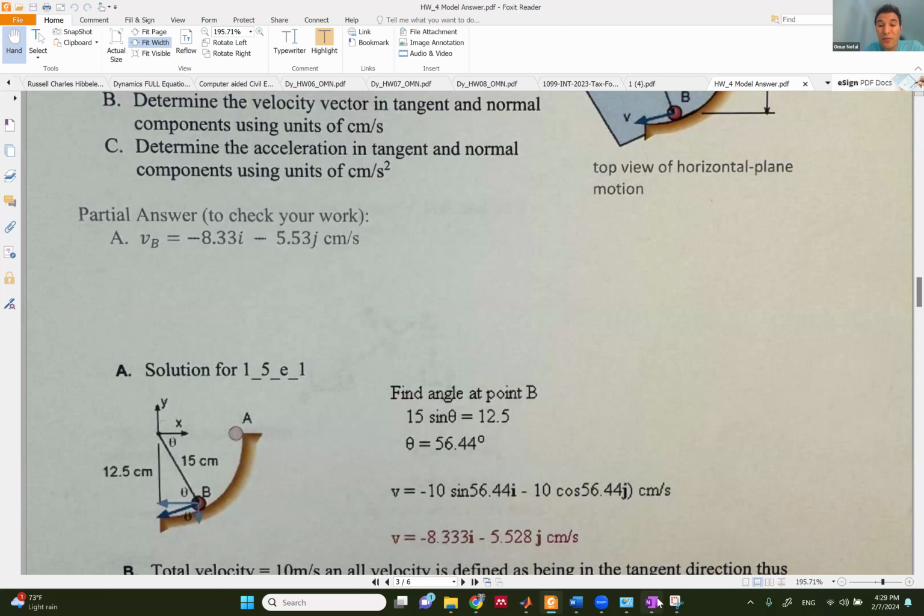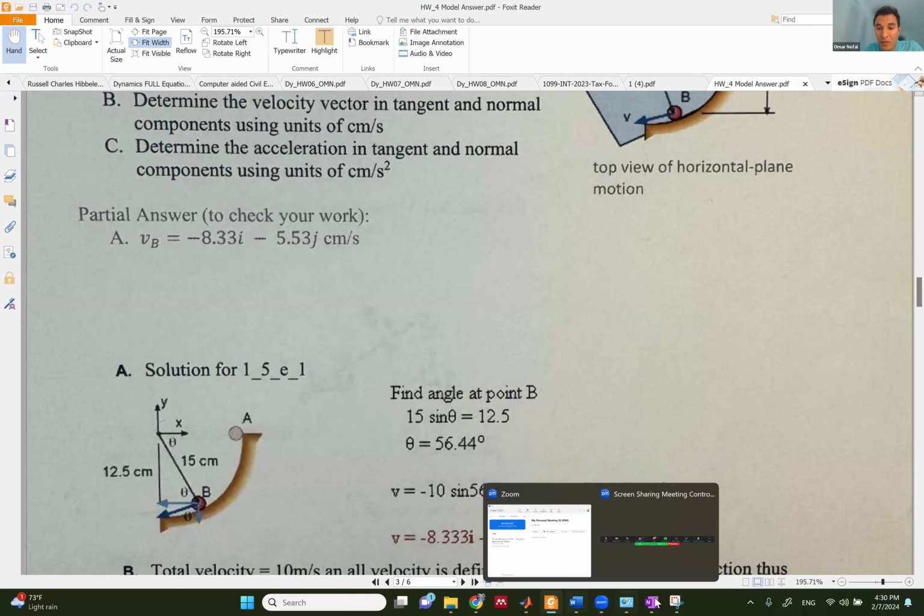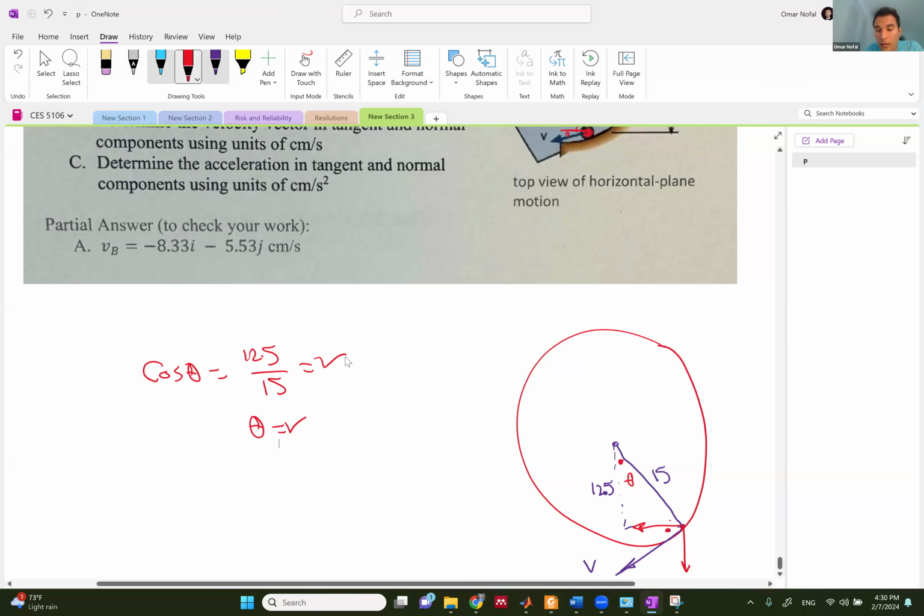So it's going to give you the same thing, but my way is going to give you theta, which is 90 minus 56 degrees, which is going to be like 33 or 34 degrees. So somehow you are going to get theta here as like 33 point something.